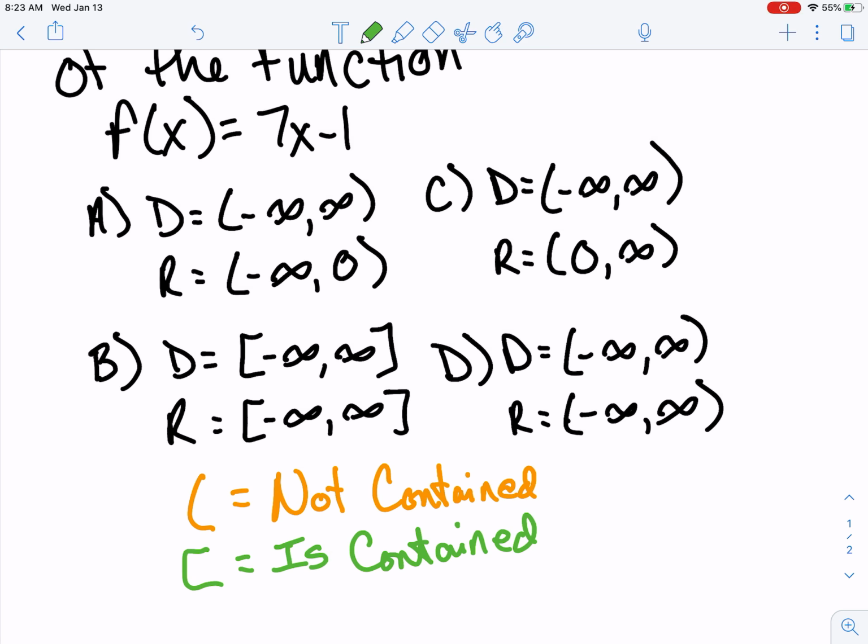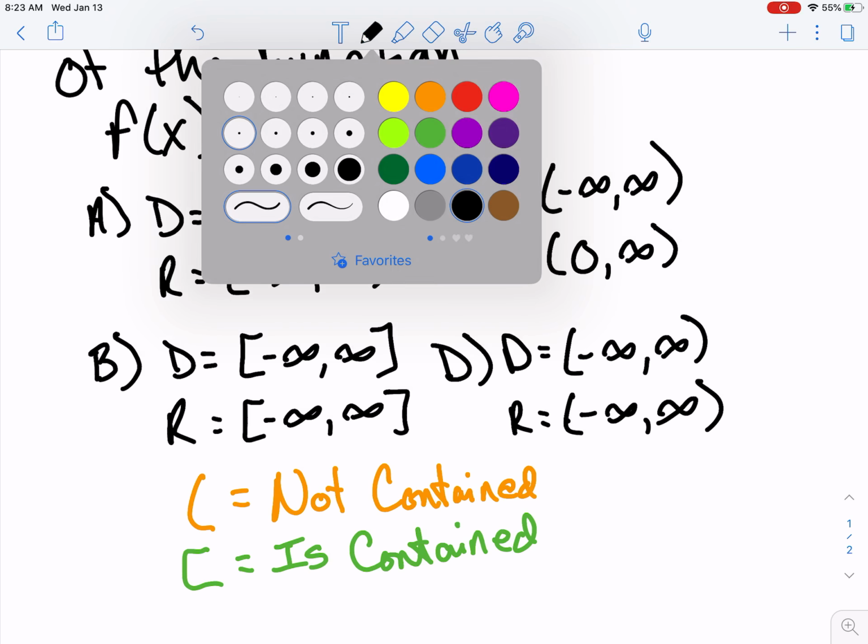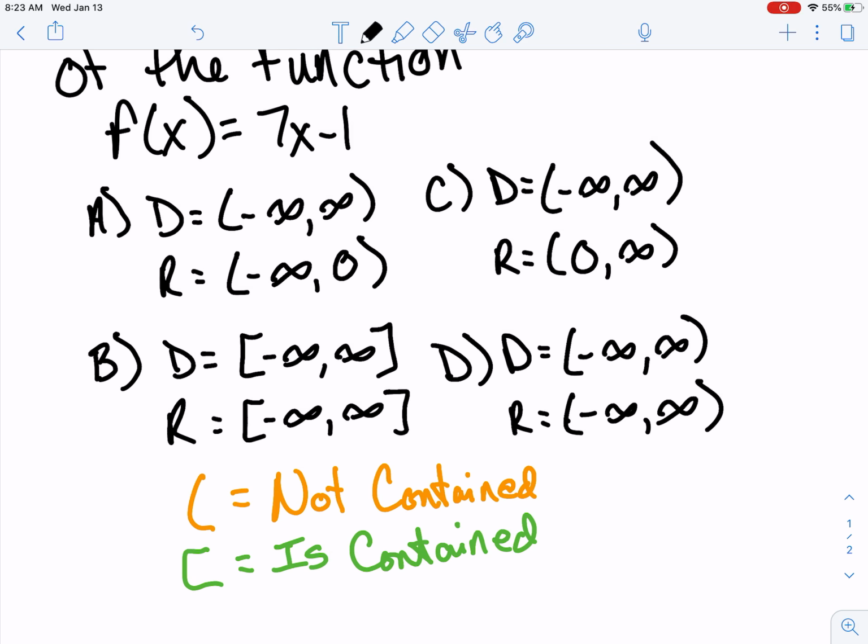For this simple reason, because you can never actually get to infinity, I'm going to mark B off because I see a bracket beside an infinity. And then I look through the rest of the answer choices, and none of them have that.